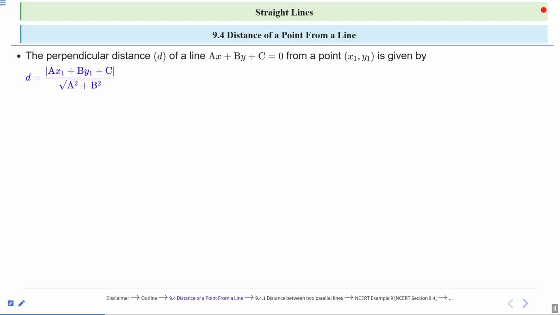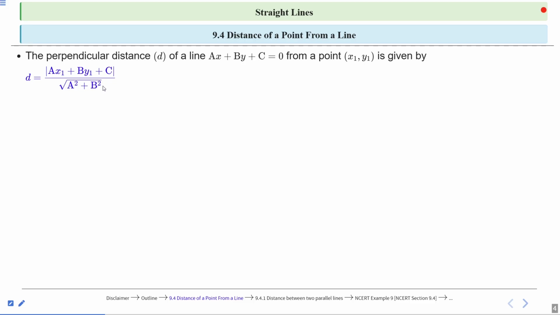The perpendicular distance d of a line ax + by + c = 0 from a point (x1, y1) is given by d = |ax1 + by1 + c| divided by the square root of a squared plus b squared.